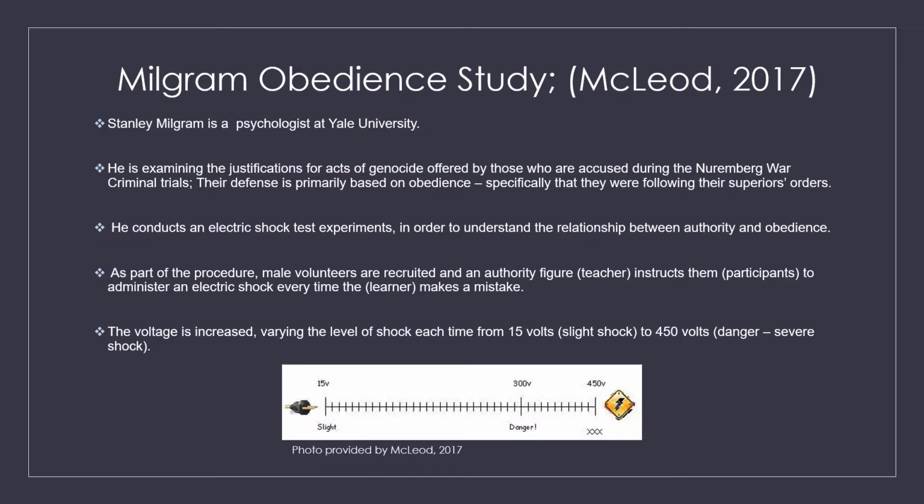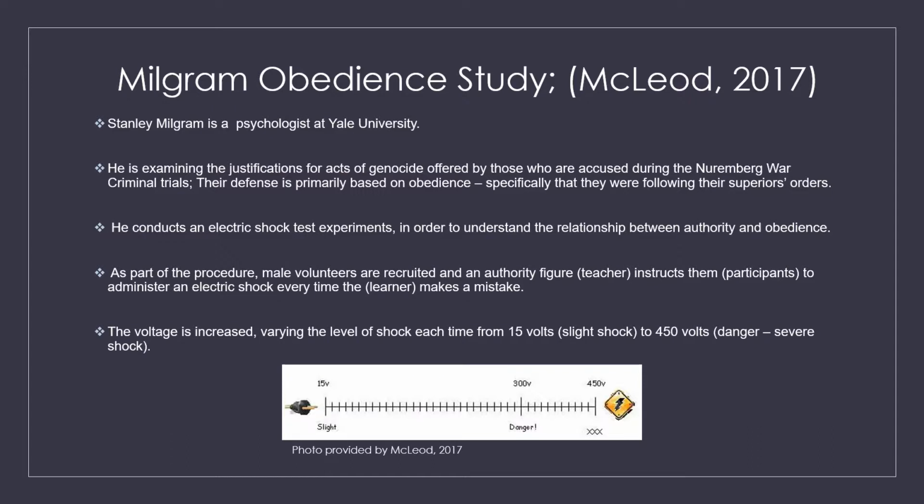He conducts an electrical shock test for his experiment in order to understand the relationship between authority and obedience. As part of the procedure, male volunteers are recruited, and an authority figure, listed as a teacher, instructs the participants to administer an electric shock every time the learner makes a mistake.